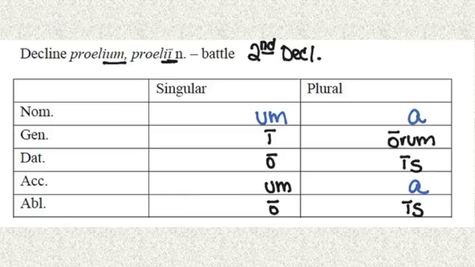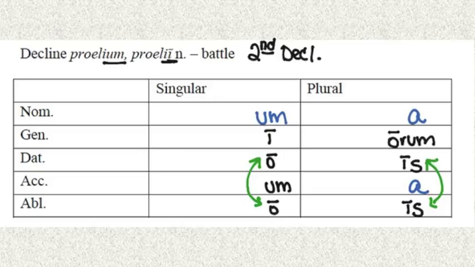Go ahead and pause the video and see if you can find any patterns. You may have noticed some patterns with which you're already familiar. The dative and ablative singular both have -ō, and the dative and ablative plural both have -īs.